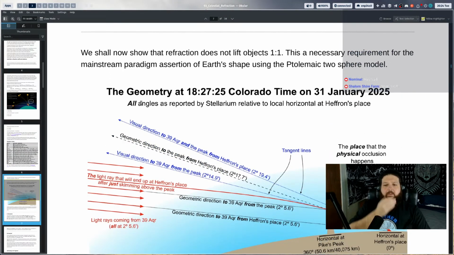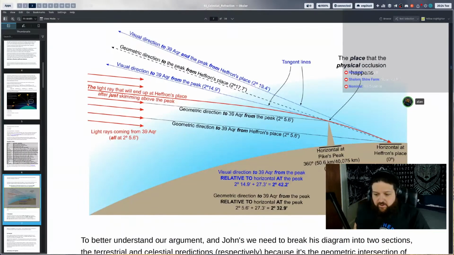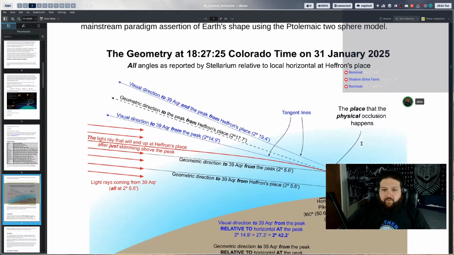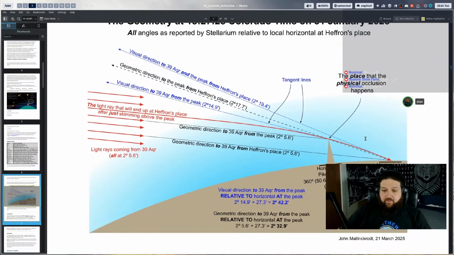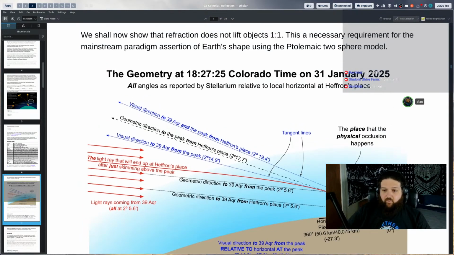Okay, now we've been encountering this argument for the past... See, this diagram was first made in March. Now we've put forward refutations to it, but it's continually presented as if no explanation has ever been done. Well, now we're going to give a full treatment to it and analyze it to completion.